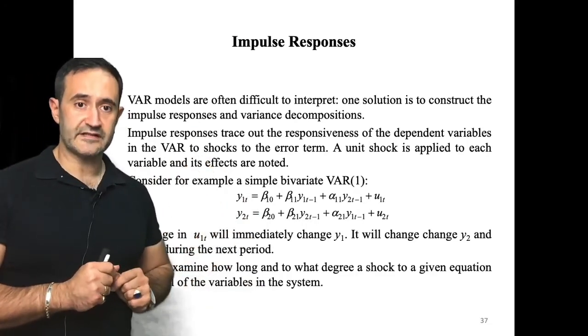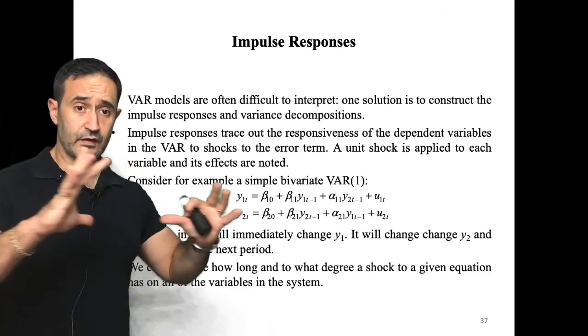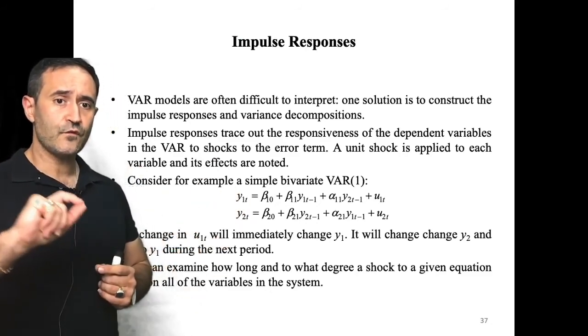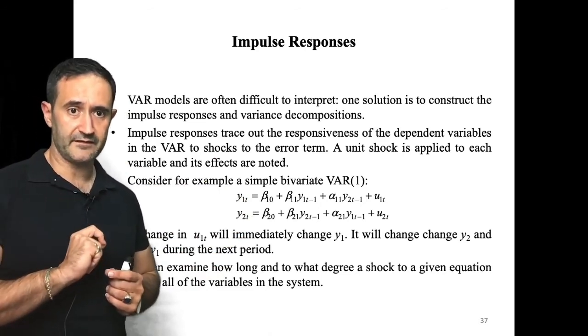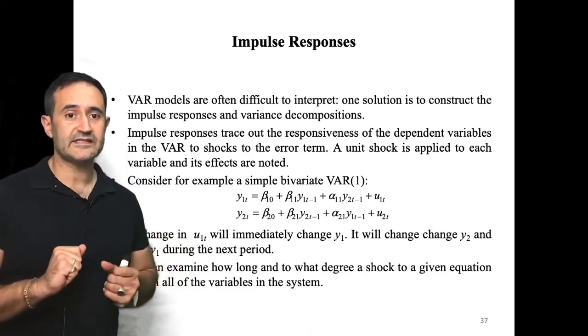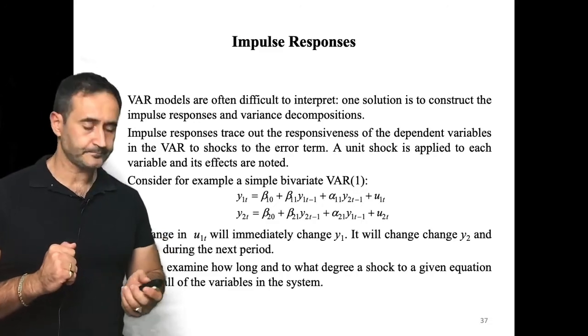So what we do is we estimate a VAR and we play with impulse responses. With impulse responses, this is basically a graph where we can see how the variables move when we give a shock to any of the variables of the model, and that's very useful because then we can understand the relationship and give an interpretation to the VAR.